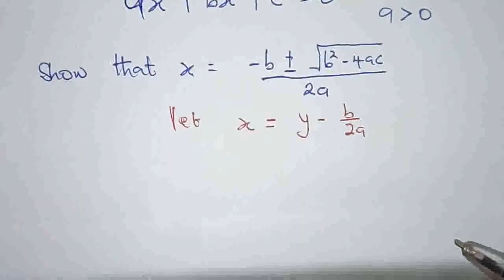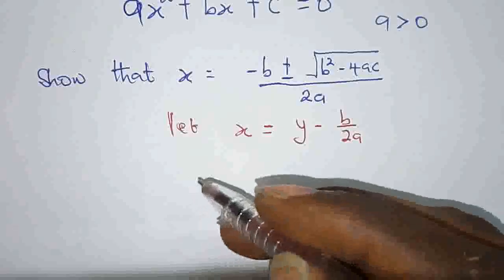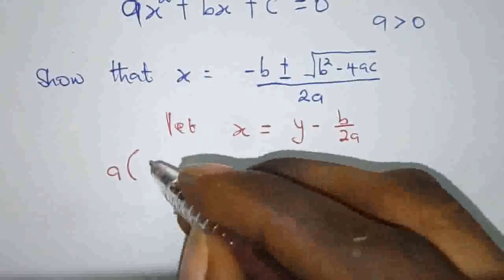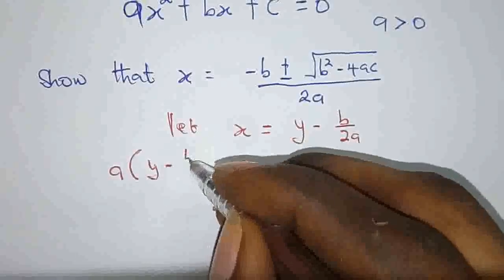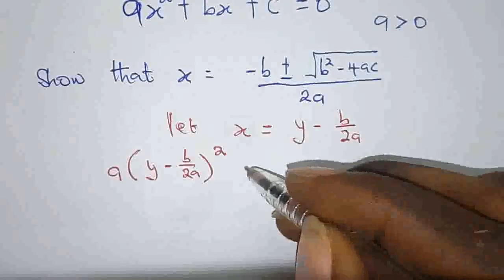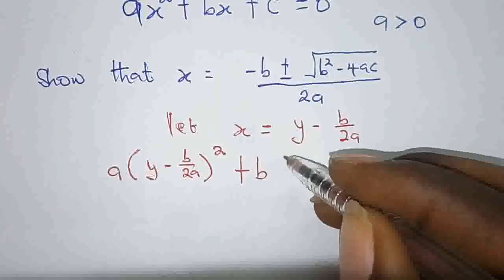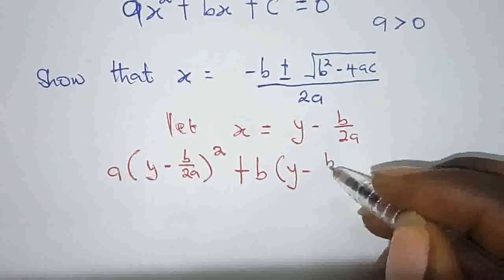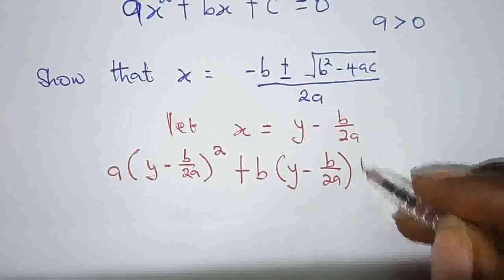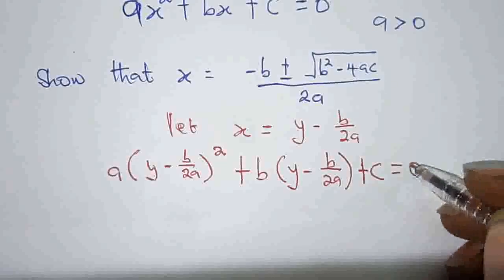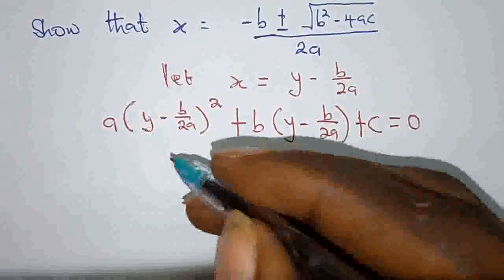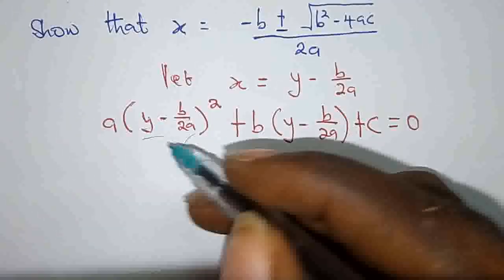Now plugging this into the original equation, we have a open bracket y minus b all over 2a close bracket squared plus b open bracket y minus b all over 2a close bracket plus c is equal to 0. Now to expand this, we should be very familiar with this.